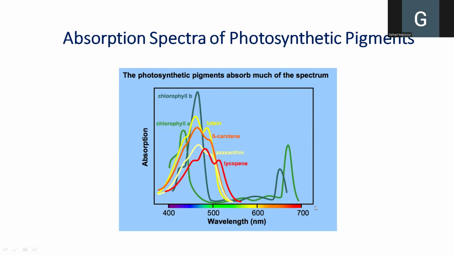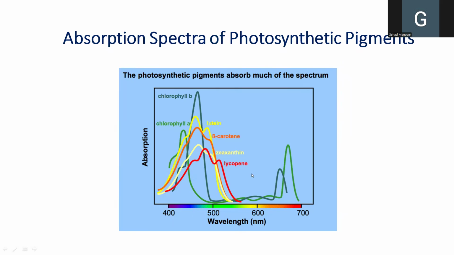So here on this diagram, which has a title of absorption spectra of photosynthetic pigments, on the x-axis you have the independent variable, which is the wavelength in nanometers, and on the y-axis you have the absorption, how much percent of the energy that falls on the pigment is absorbed.